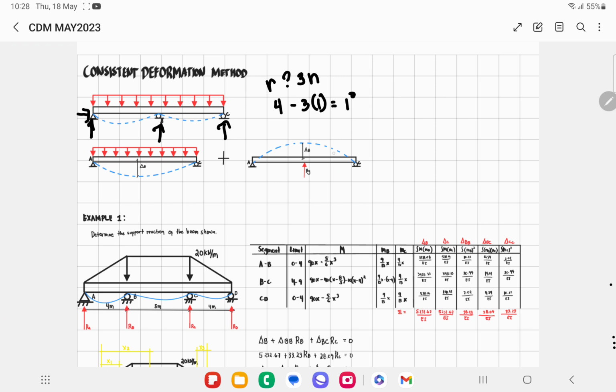Okay? So ito yung magiging deflection nito without these real loadings. So ang concept niya is that when we add our primary structure to the unit virtual load, we can achieve this same structure or the original structure. So ang gusto niyang ipaalam is that when we add the deflection of this primary structure and the upward deflection of this 1 unit load By, we can achieve this original form.